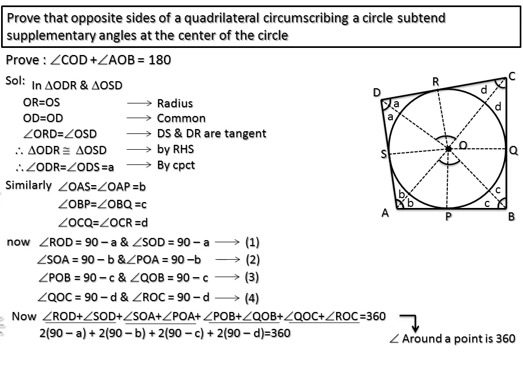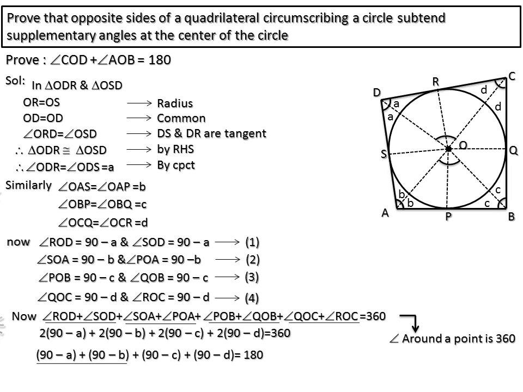Now take 2 common. So our equation becomes 90 minus A plus 90 minus B plus 90 minus C plus 90 minus D equal to 180.